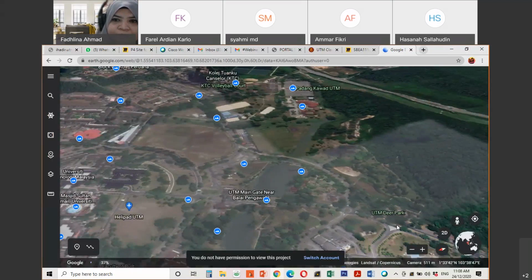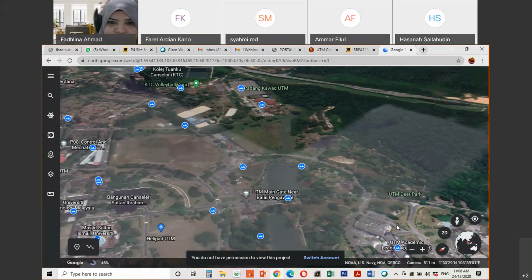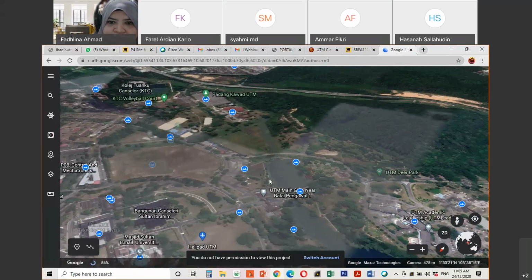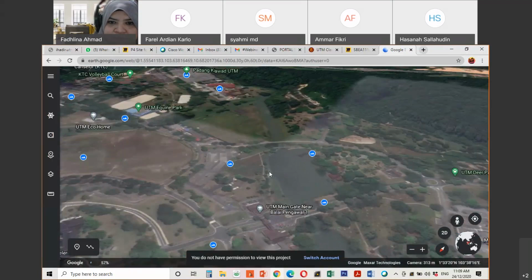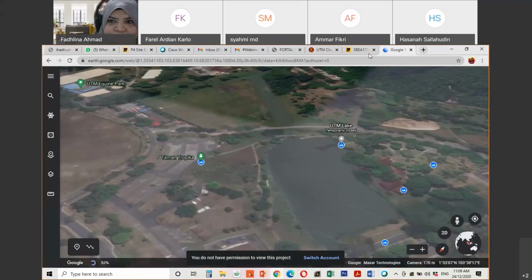What is this called? Google Earth, right? Okay, so your site is located somewhere over here. This is your site, and this is your lake and so on. Good.